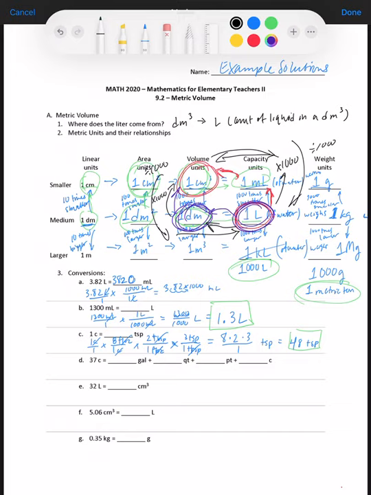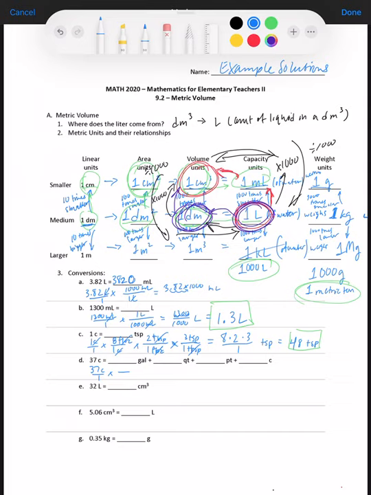Okay, so in this one, number D, we're going to split 37 cups into as many gallons as we can, and as many quarts as we can, and as many pints as we can, and as many cups as we can. Okay, so if I have 37 cups, and I'm going to convert them to pints, so 37 cups over 1, multiplied by how many pints are in a cup?